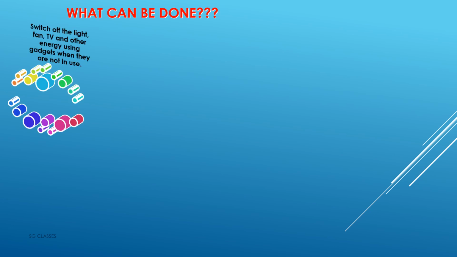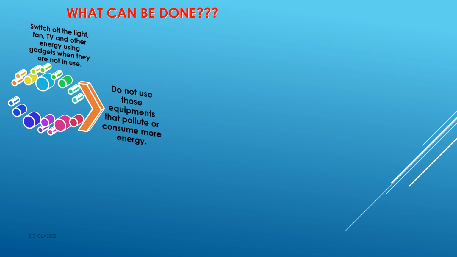The question comes: what can we do? What can I do as an individual to stop global warming and all? Here are some points I'm going to discuss with you, which are very common and related to our day-to-day life. We can switch off the lights, fan, TV and other energy-using gadgets when they are not in use. We should not use equipment that pollutes or consumes more energy.